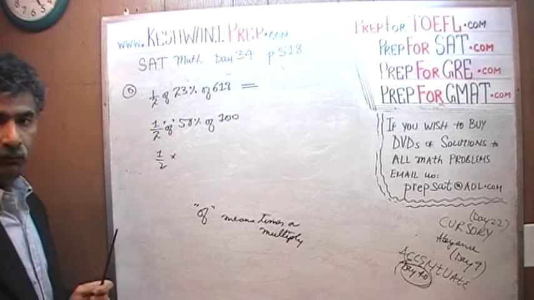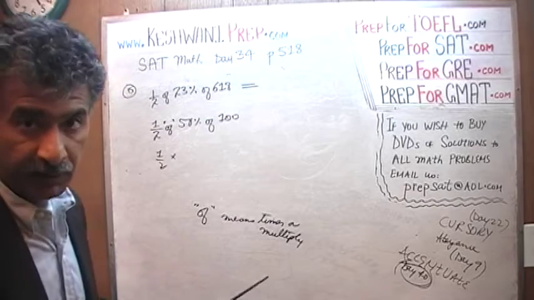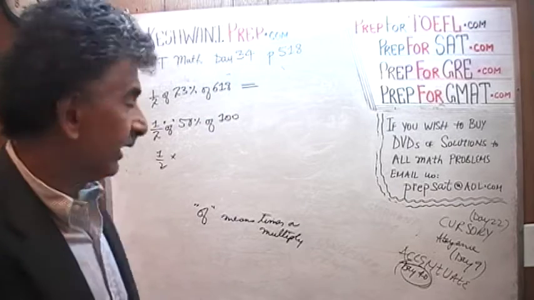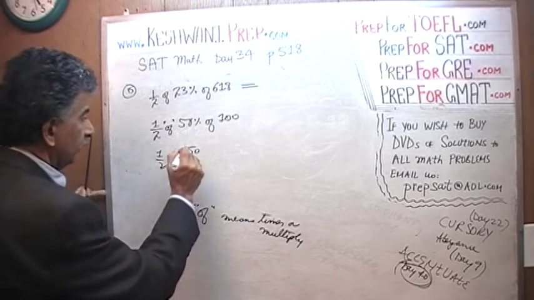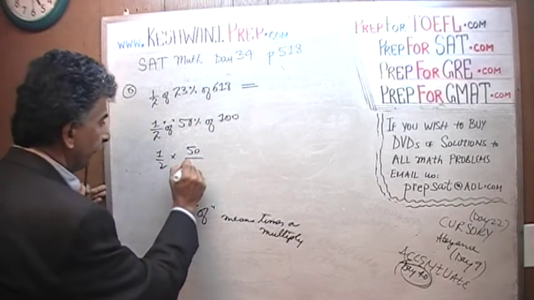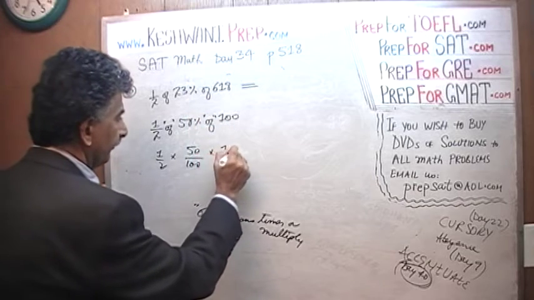Whenever you see the word of in the language of algebra, it just means times. Half of 10 means half times 10, which is 5. So half of means times, 50% means over 100, another of, which means times 100.